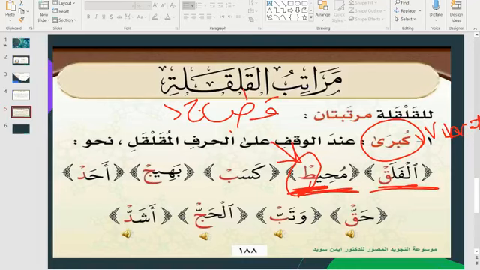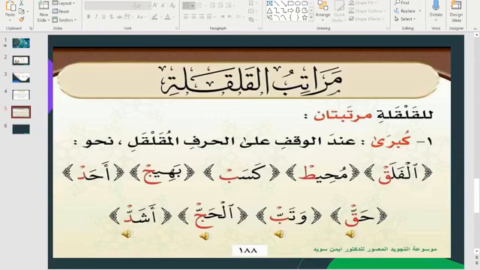Now be careful from saying الفلق and giving it a haraka like it's qa or qu or qi. محيط, and be careful from saying محيط and then giving it a haraka at the end. So محيط, كسب, بهيج, أحد. Look at that one. حق, وتب, الحج, أشد.